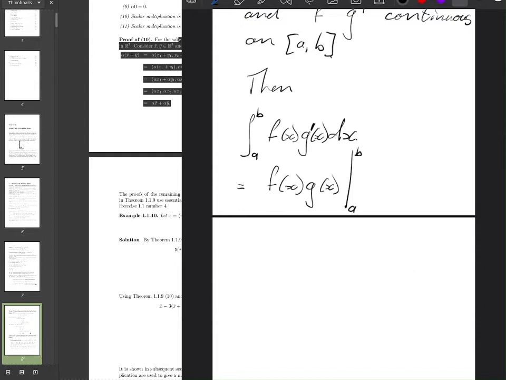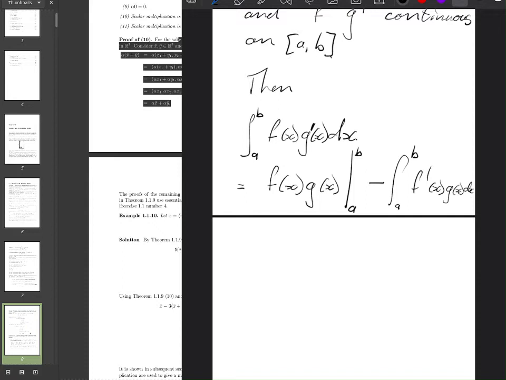You should have seen this notation already when computing integrals. Minus the integral from a to b of f prime of x, g of x, dx.